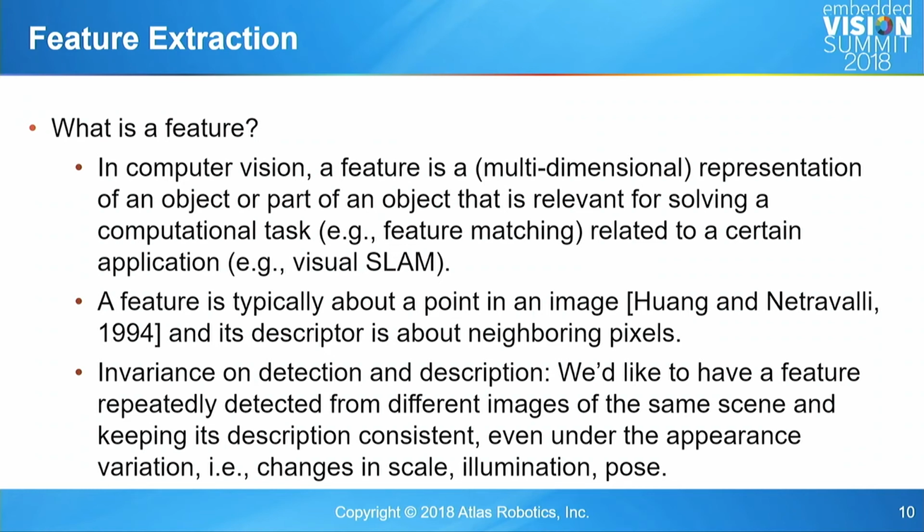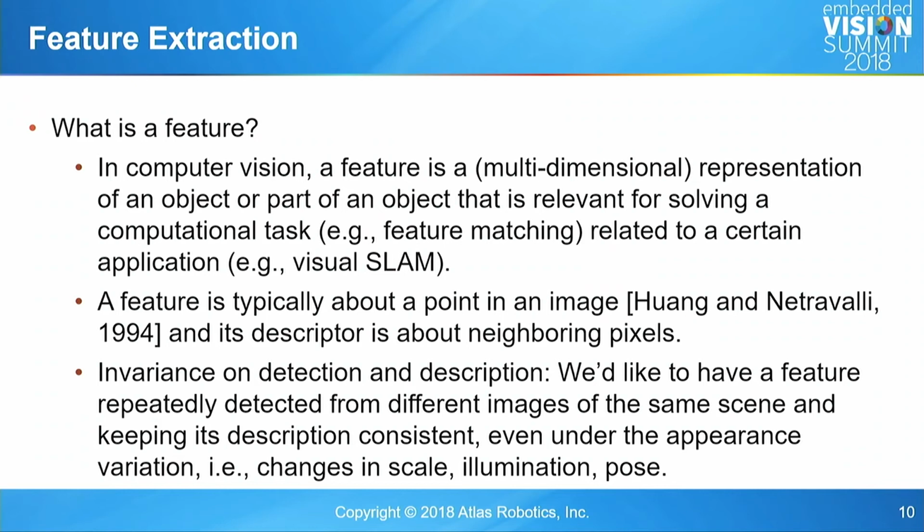So the feature extraction method should be able to take care of variance in illumination or scale changes and other appearance changes, so that once we have features extracted from one point in one image, we should be able to find that feature in another image at another time, as long as they are visible to each other from that perspective. So that's the digital feature.